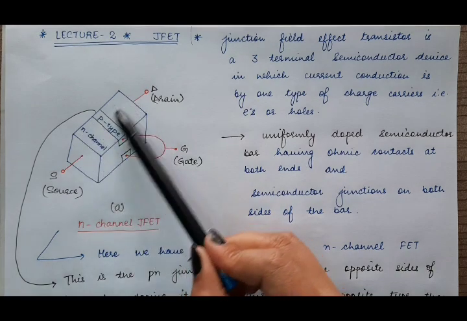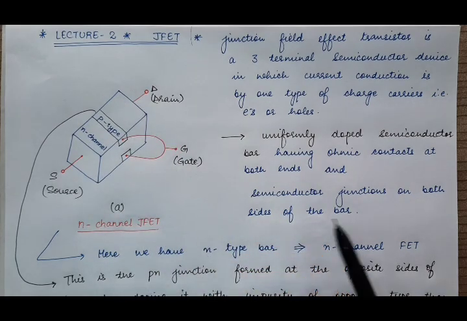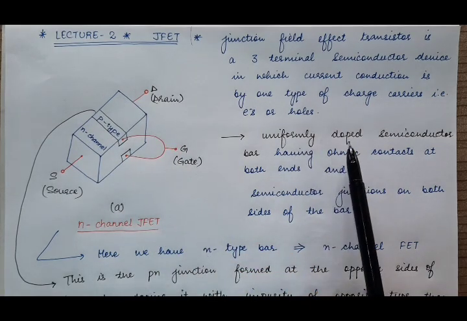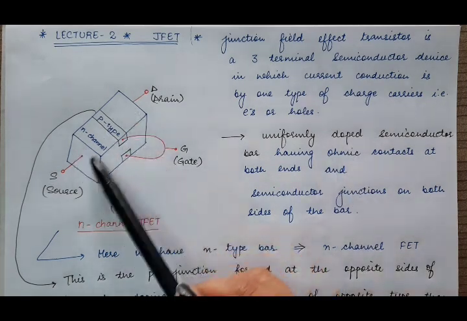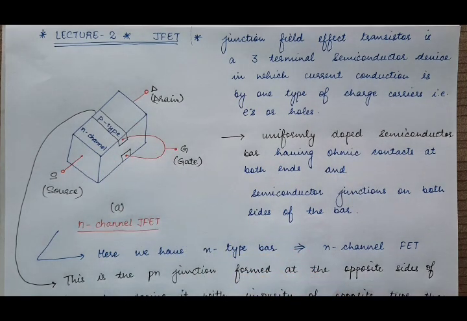And this whole semiconductor bar is made up of uniformly doped material. The doping is uniform throughout the cross-sectional area of this bar.